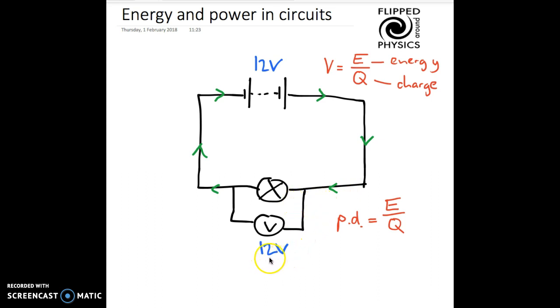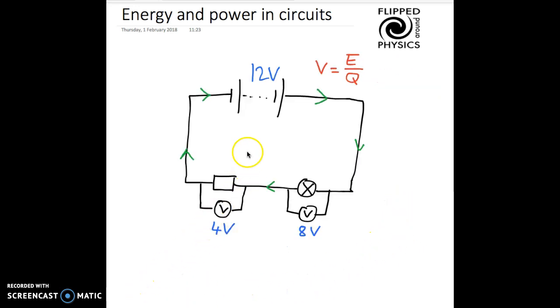And this 12 volts means that for every coulomb of charge that passes through the bulb, 12 joules of energy is given up. So we write the potential difference, which we measure in volts, is the energy given up per coulomb of charge, energy over charge.